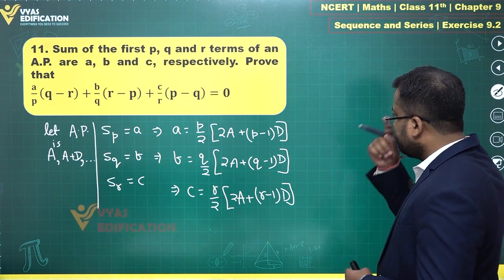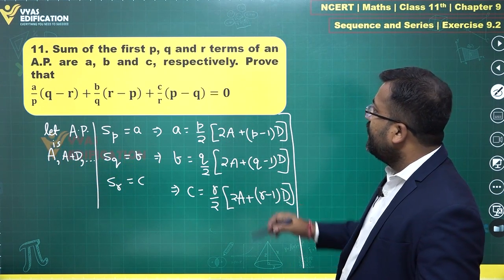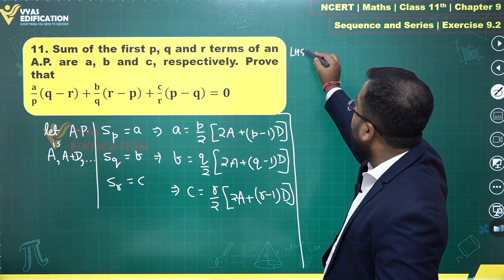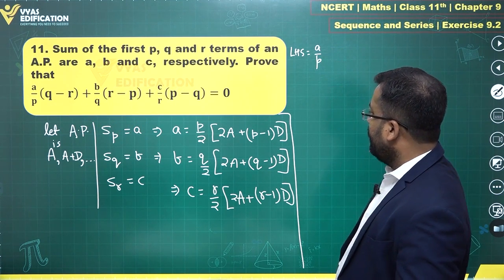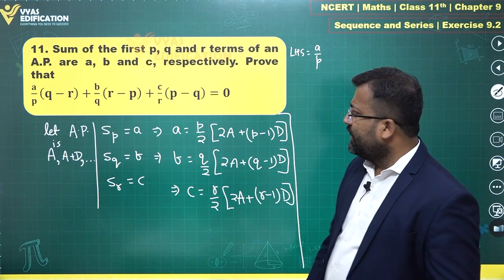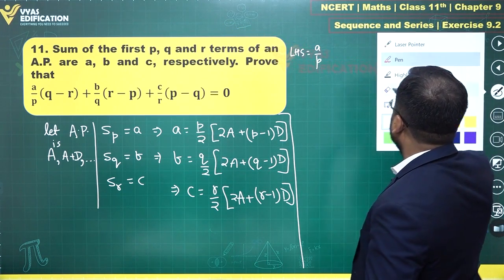Yes, yes. So now in that expression, LHS is equal to a upon P, or what we can do is, let's do one more thing. Let's multiply a upon P with Q minus R in this expression only.